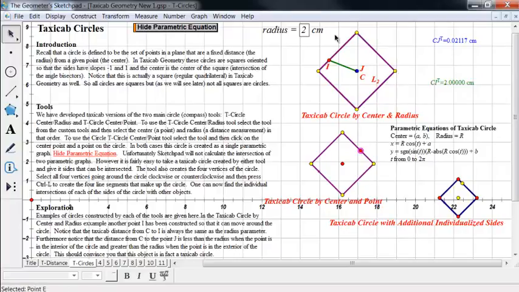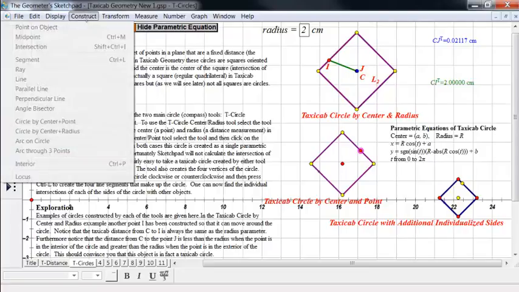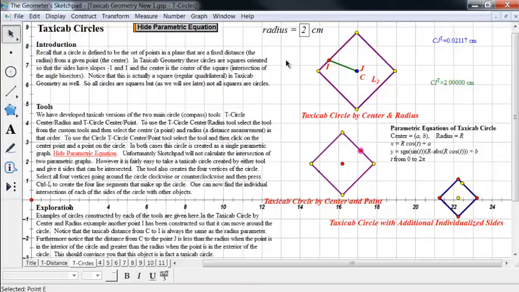Let's say we want a tool for a circle by radius and a point, so we know radius and center. Remember, with Euclidean circles, we construct a circle by center and point, or by center and radius. And we want those 2 tools in taxicab geometry. How are we going to do that?